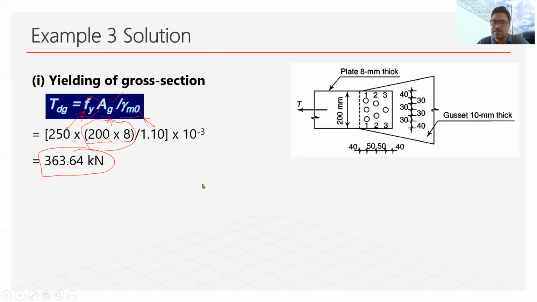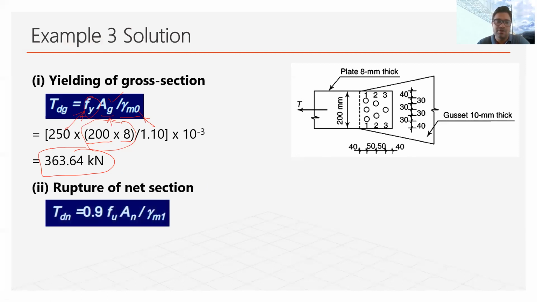Now the second aspect of failure of the tension member may be rupture. We have already seen the formula we use to calculate the net rupture strength of the section of the tension member. In this case, we are using Fu. Whenever we are using Fu, we use gamma M1, which is 1.25.